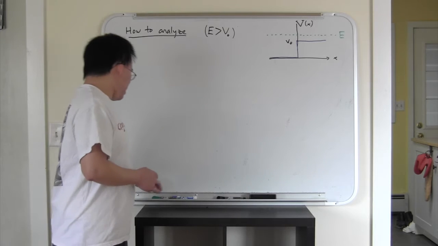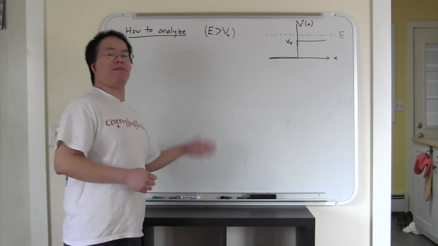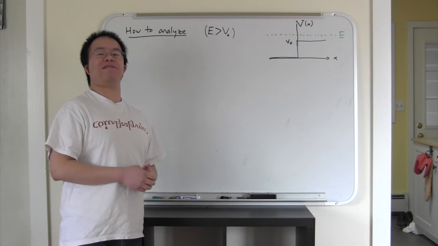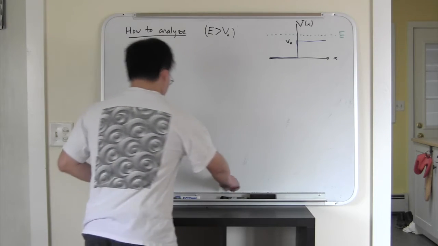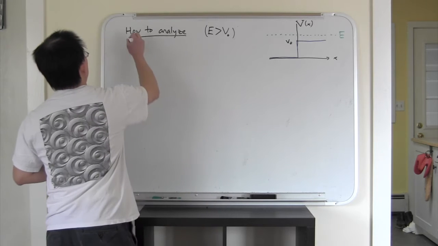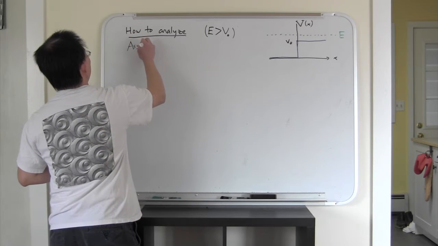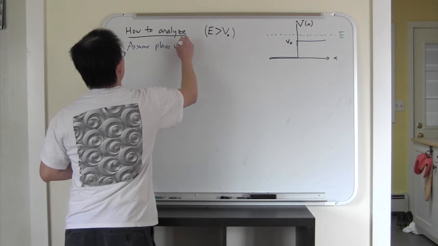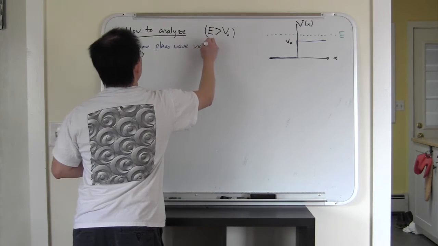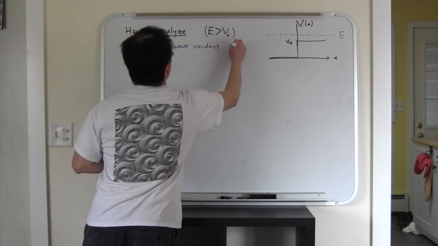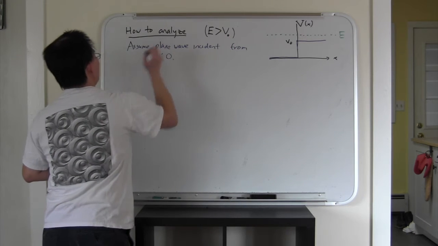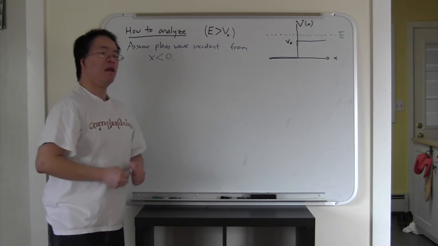And we assume also that we have a beam of particles, so a plane wave incident from the left, from x less than 0.